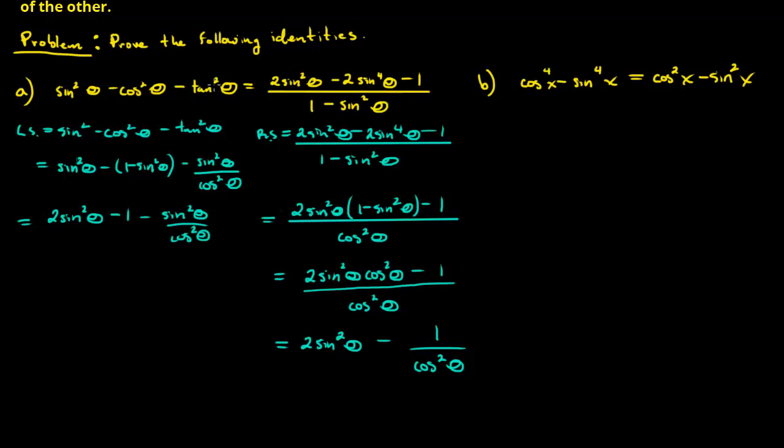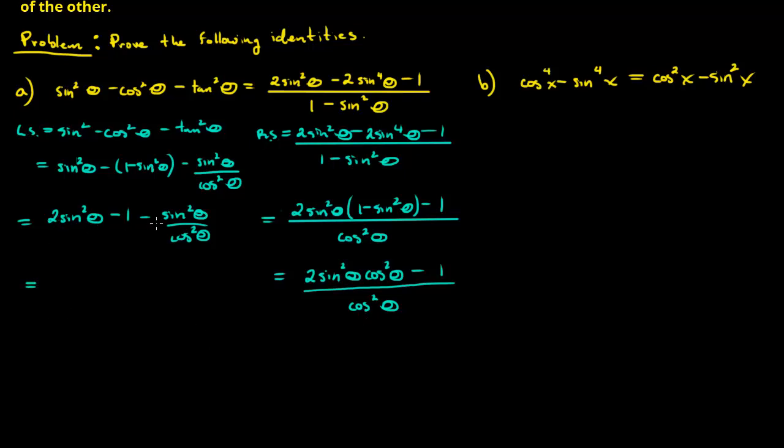We could do that by... actually, you know what? Maybe it's a little bit simpler just to rewrite the left side all over one denominator. Let's do that instead. We could have done this, but my bad, guys. It's definitely a little bit easier to just rewrite the left side over a single denominator.